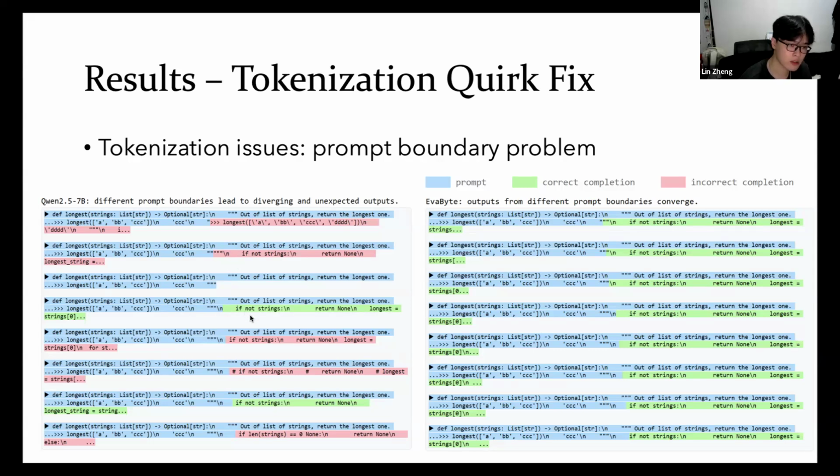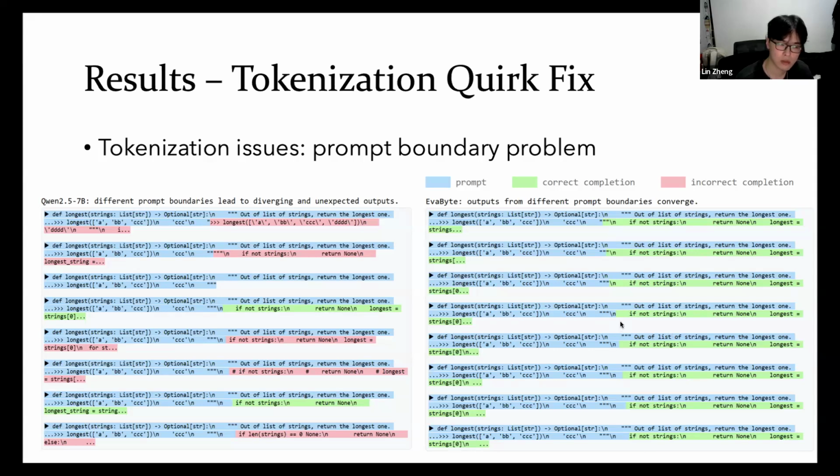For very weird combos of prompt boundary, like a new line followed by three consecutive white spaces, the model can get it wrong or correct because every character is associated with a leading white space. But for byte models, these different prompt boundaries converge to the same outputs because there is no notion of incomplete tokens. Every byte is represented individually.